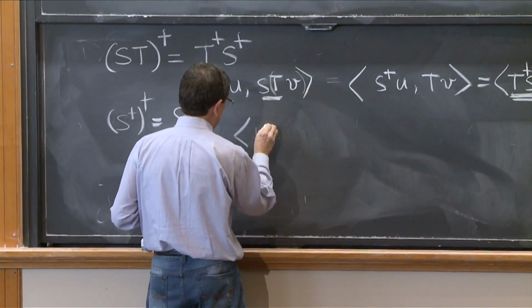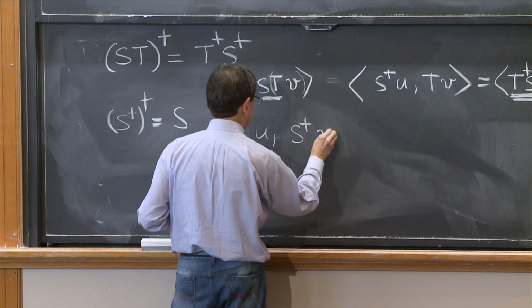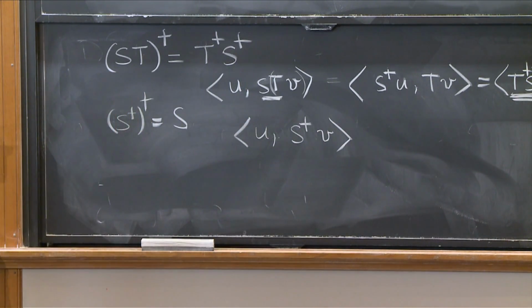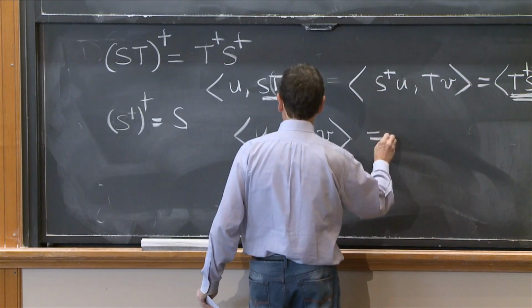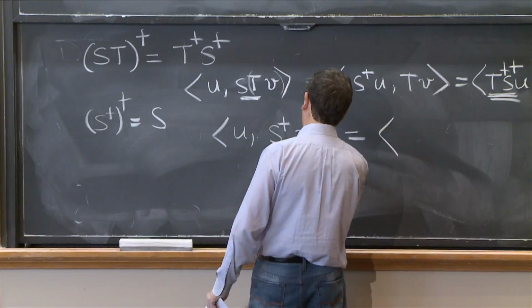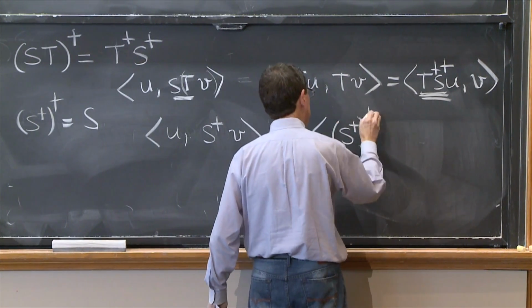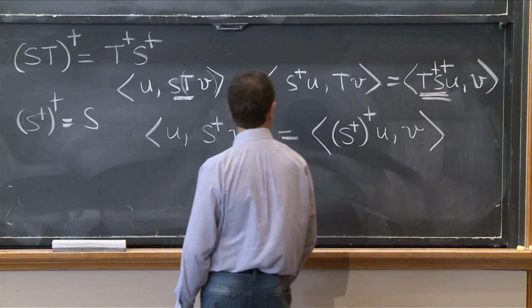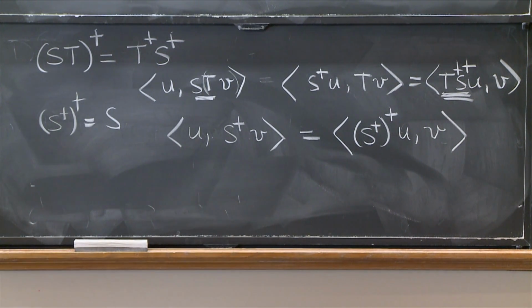Take U, put S dagger here, and put V. Now, by definition, this is equal to, you put the operator on the other side adding a dagger, so that's why we put that one. Like this. The operator gets dagger, so now you got the double dagger.